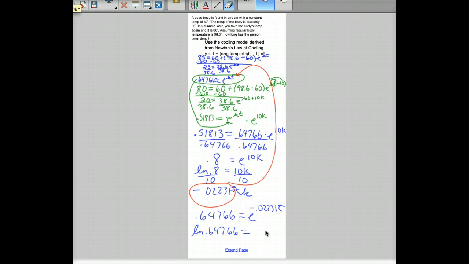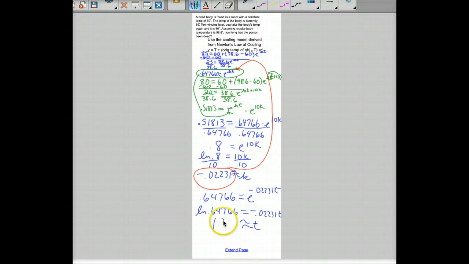So that will just be negative 0.02231 t. Divide both sides by negative 0.02231. So t is approximately 19.5, and the units on that will be minutes. So it was about 19 and a half minutes after the crime was committed that we showed up at the crime scene.